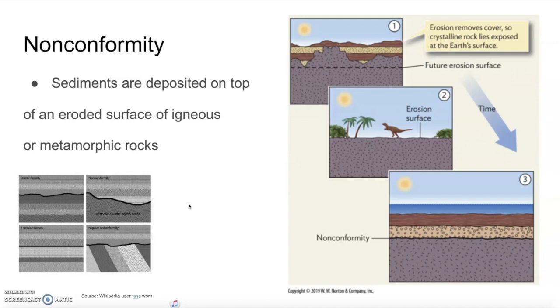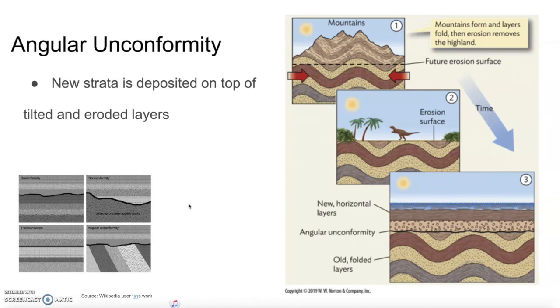In some of these you can, but when you have these nonconformities, and unconformities in general, it's a lot more difficult to figure out what happened in the past. But by identifying that unconformities exist, geologists were able to draw more conclusions. It was a great tool. So angular unconformities are pretty much the last unconformity that we will focus on.